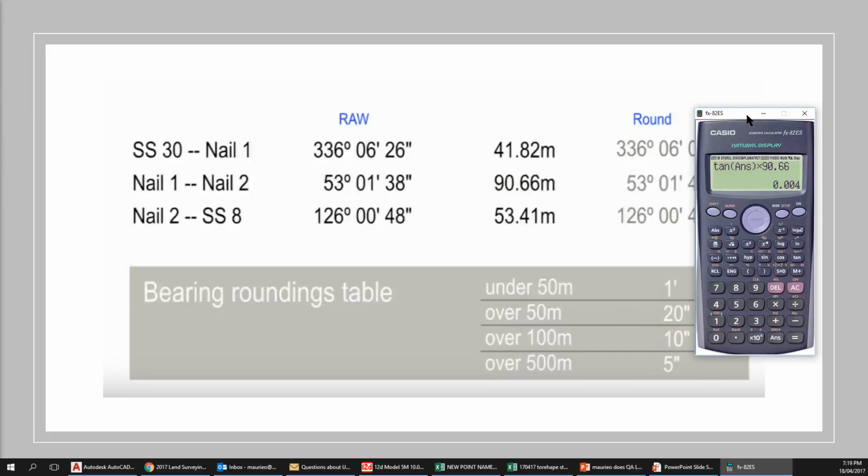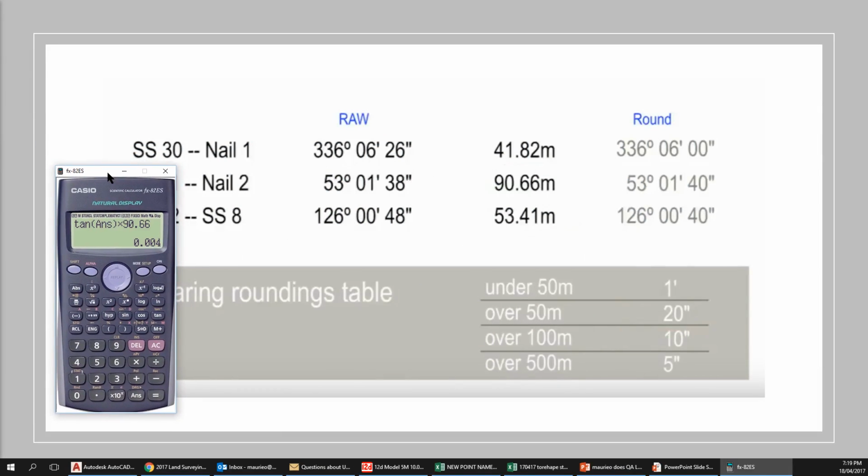So what you'll find is that if you take lines under 50 meters, a 1 minute, if we go the tan of 0 degrees 1 minute, and then multiply the answer by 50, we get 15 millimeters.